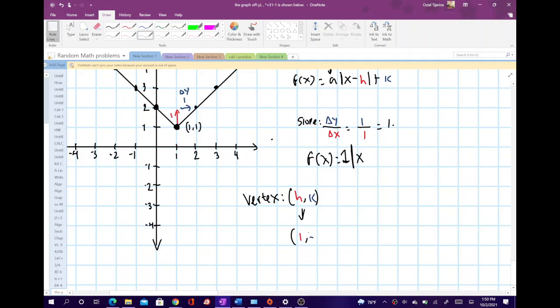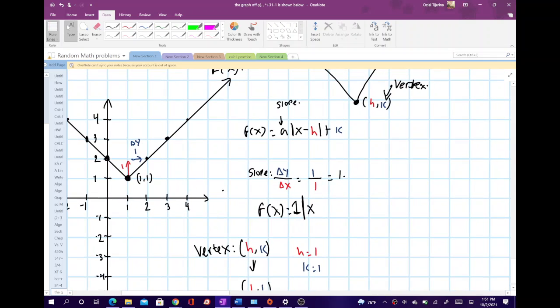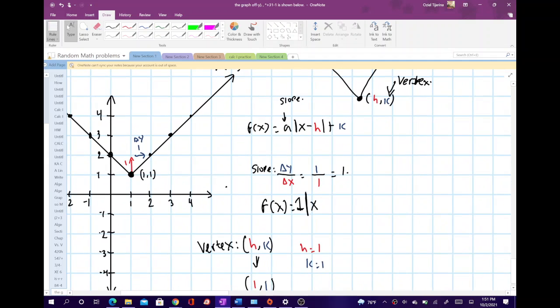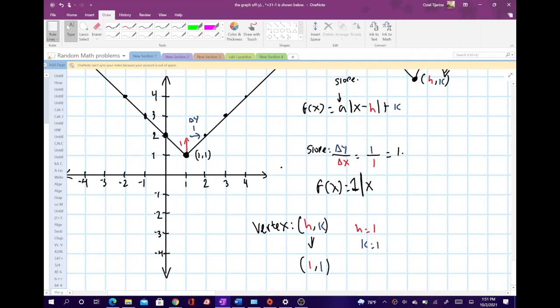What that tells us is that h equals 1 and k equals 1, right? And from this, we can go ahead and form our absolute value equation. Now, notice that I said that the slope is 1. That's a. The slope is a, okay?